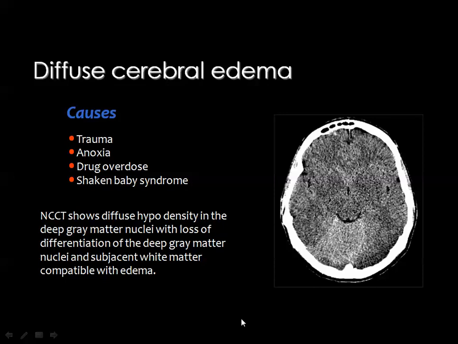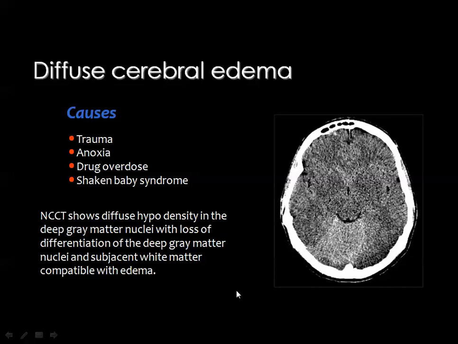And you remember in the first part of this talk, we talked about this appearance, which was diagnostic of hypoxic ischemic encephalopathy, but you know that the history is very important. And this patient had a positive history of trauma, then you expect that you are seeing a diffuse type of brain edema.